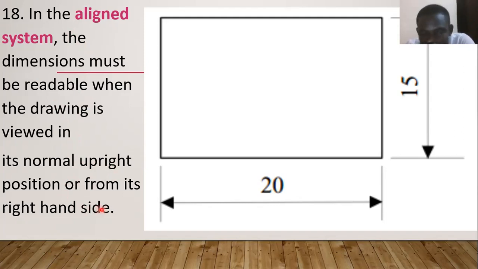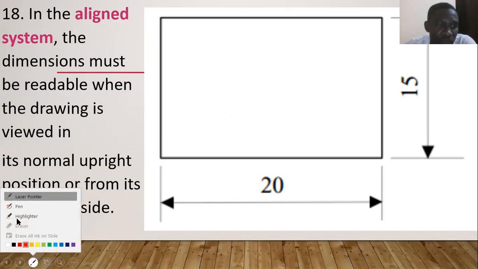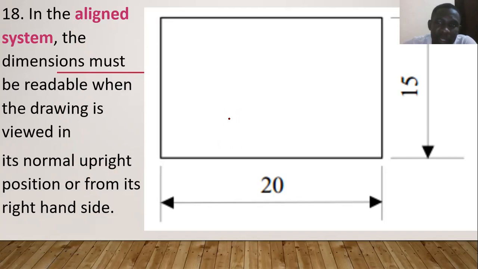What that is saying essentially is that if we rotate this drawing this way, if you rotate this drawing clockwise, we should be able to read the dimensions.